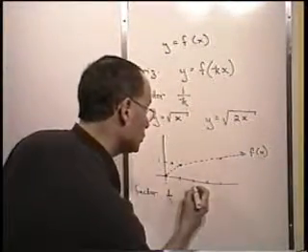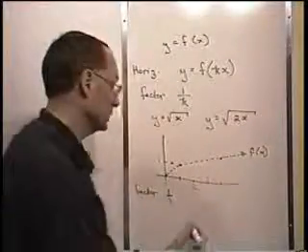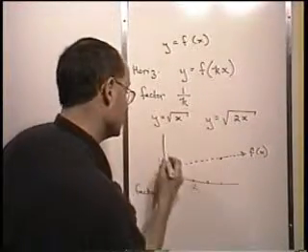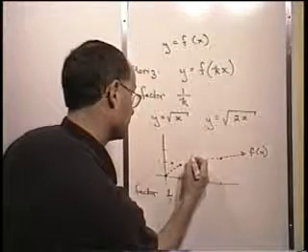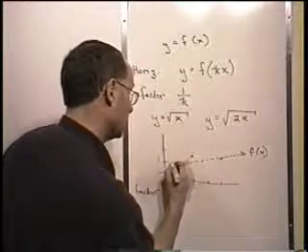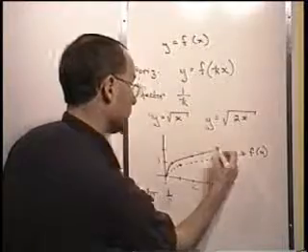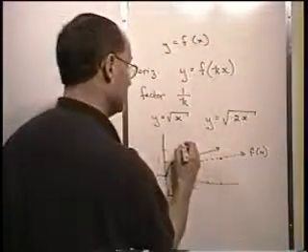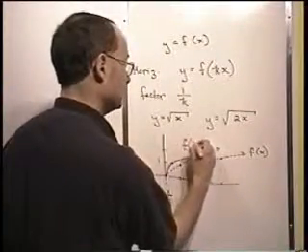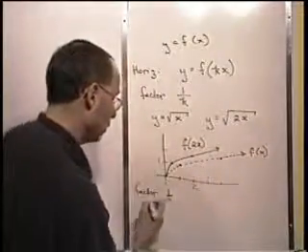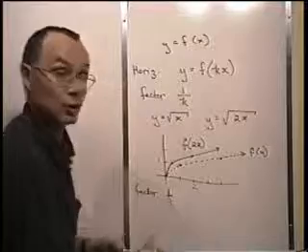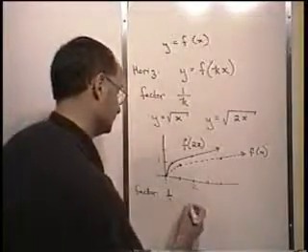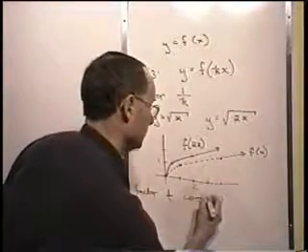So if we go 2 to the right in our new function, we're going to have the same y value of 2, which is about here. So here's what our compressed graph would look like. This is f of 2x. So horizontally, it's compressed by a factor of 1/2.